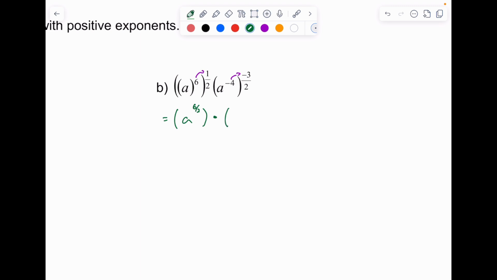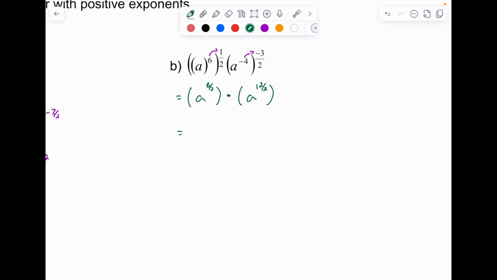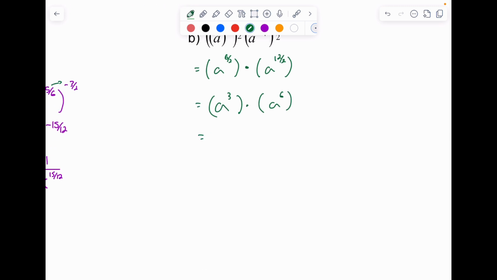So I multiply that -4 and that -3, I would get 12/2. So that is a to the 3 after you reduce 6 and 2, multiplying a to the 6 after you reduce 12/2, and then you get a to the 3 plus 6 because you're multiplying similar bases, so add exponents, and finally you get a to the 9.